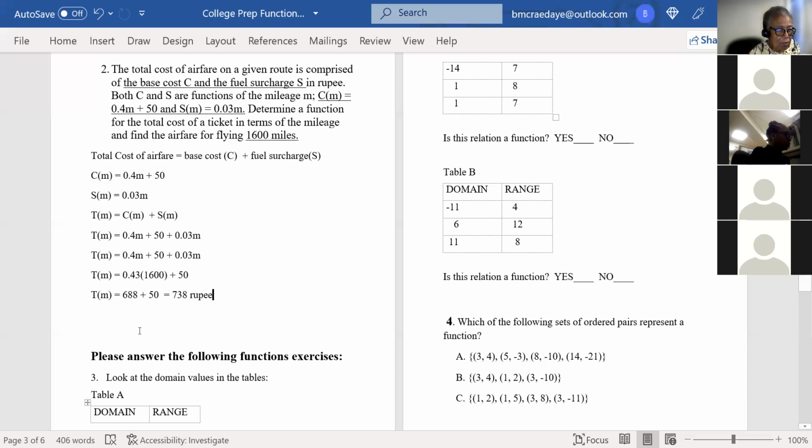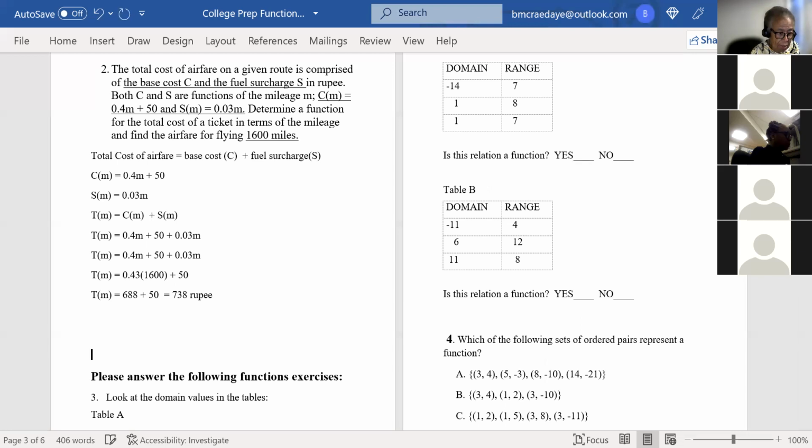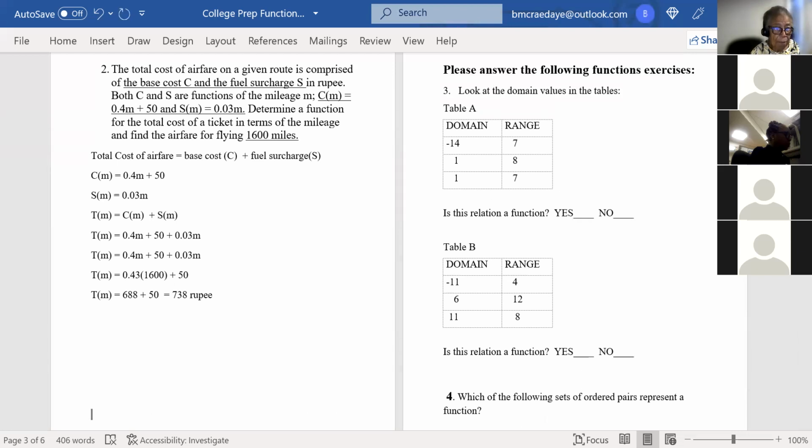This is part of your assignment. Now we have domain, this is X and this is Y. And remember, we can only have one Y to our X. If we have more than one, the relation is not a function.